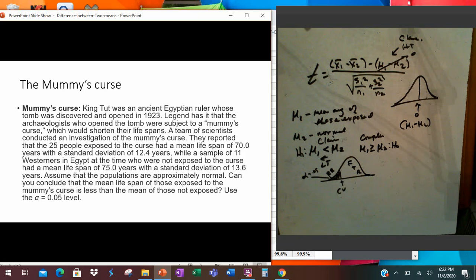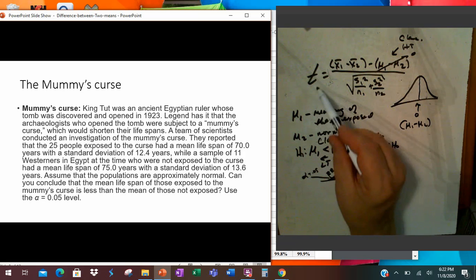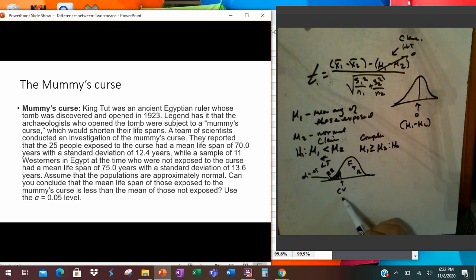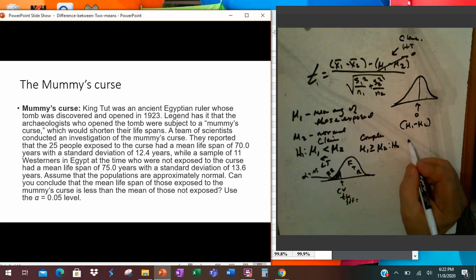And this is the critical value that separates regions. And it always matches whatever the test statistic is. If this is a T, that's got to be a T alpha from here. And that's what we're going to do. So we need a T alpha at degrees of freedom, the smaller of N1 and N2.